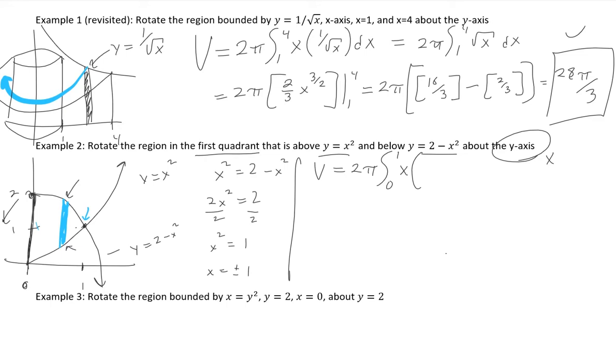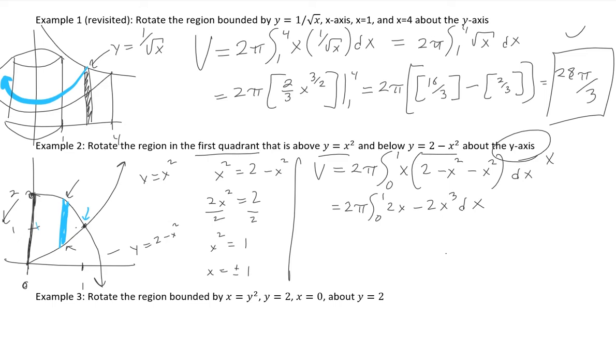The top curve is defined as 2 minus x squared, and the bottom curve is defined by x squared. So I subtract those two, dx. Therefore, we get 2 pi from 0 to 1 of x times 2 is 2x. That's a minus x squared, so minus 2x squared times another x gives me minus 2x cubed dx.